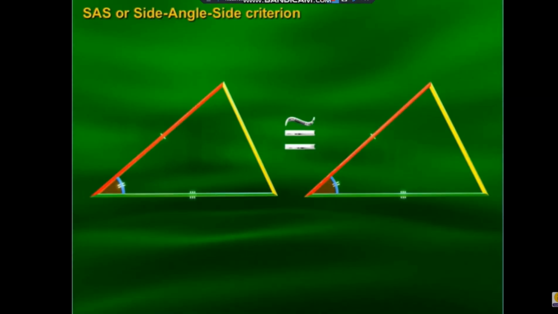SAS, or side-angle-side criterion. If 2 sides and the included angle of one triangle are equal to the corresponding 2 sides and the corresponding angle of the other triangle, then the triangles are said to be congruent.